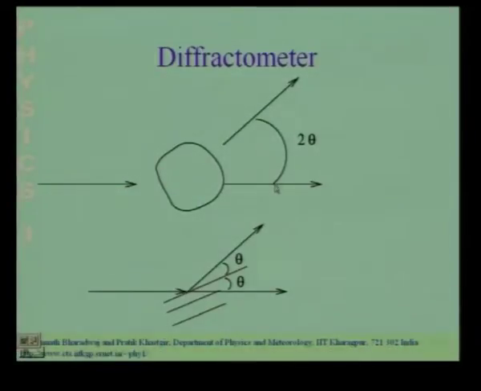So, you can measure the intensity of the scattered light as a function of this angle, which you can interpret as being twice the grazing angle with respect to the planes which have scattered the X-ray in this direction. And what you get from the X-ray diffractometer is the intensity pattern as a function of this 2 theta.